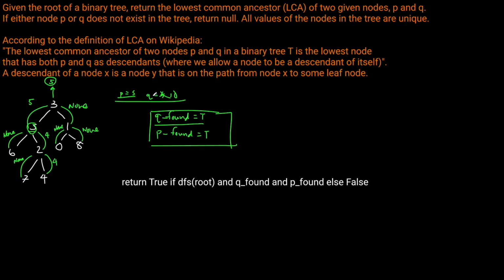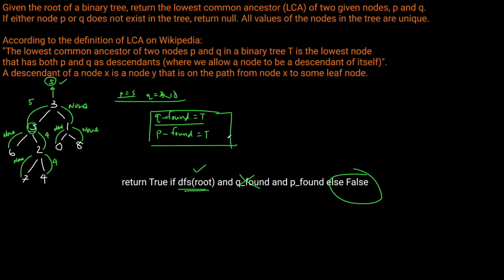But in reality, since we didn't find the Q, even though this DFS is still going to return this 5 here, the fact that we didn't find Q means that we have to return false. Otherwise, our solution would be wrong, because as you can see, there is no 10 in this tree. So that's why we have to make sure that Q is found and P is found, to make sure that if our DFS function returns a non-null node, then we can return true.